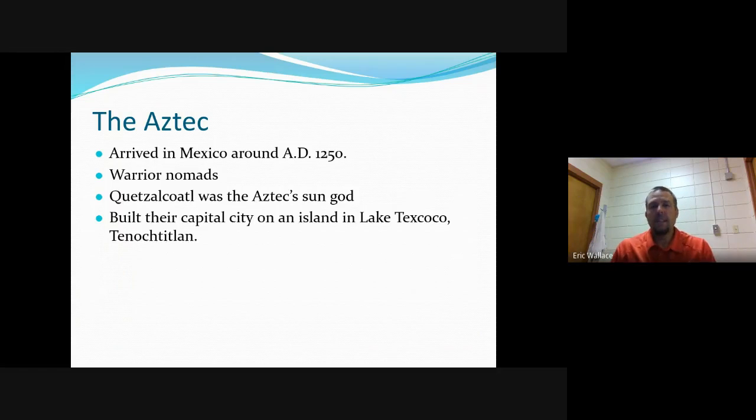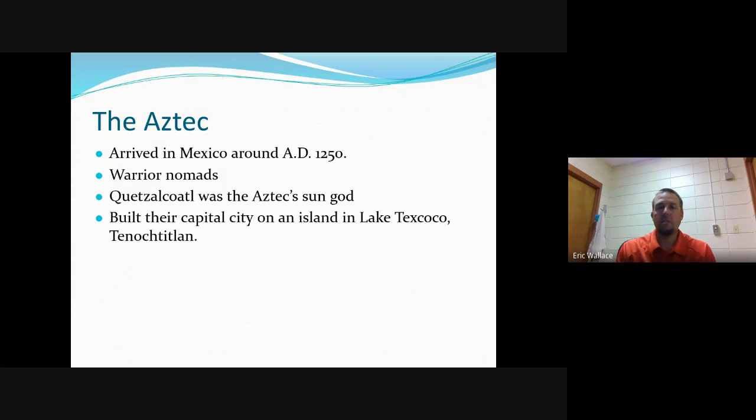Well, they finally see that on a small little marshy island in Lake Texcoco down in Mexico. They see this eagle sitting on top of a cactus, eating a snake. They say, okay, there's our sign. This is where we're supposed to set up our capital city, or start to build our civilization.